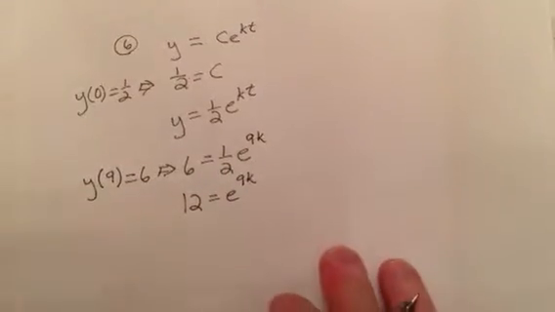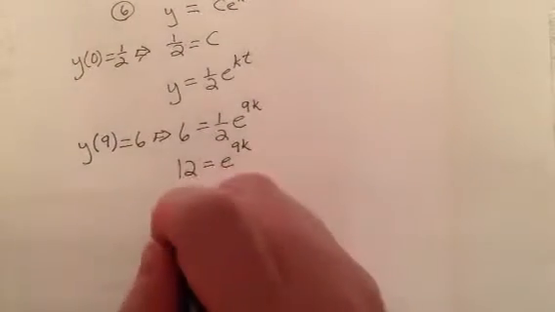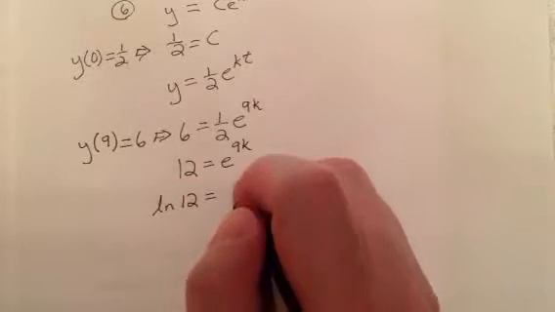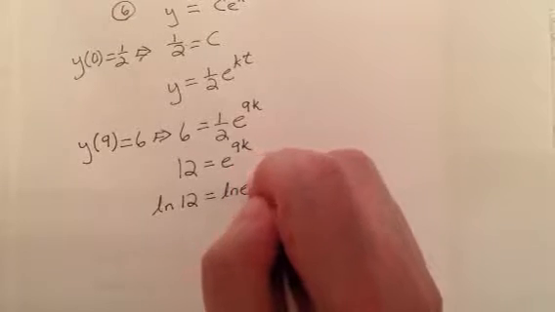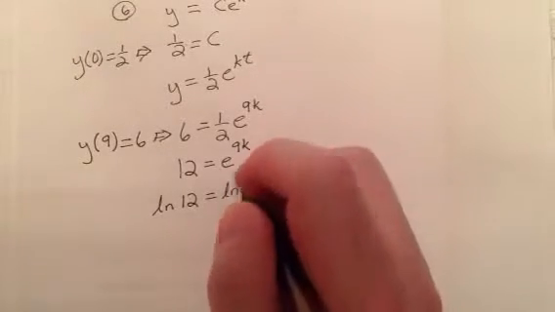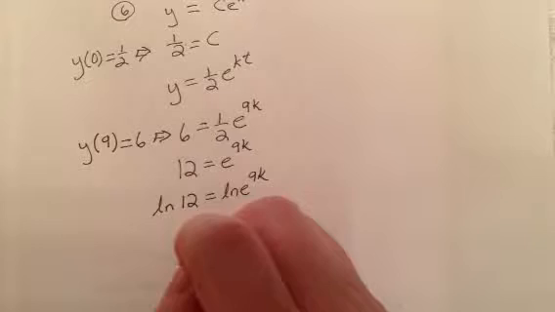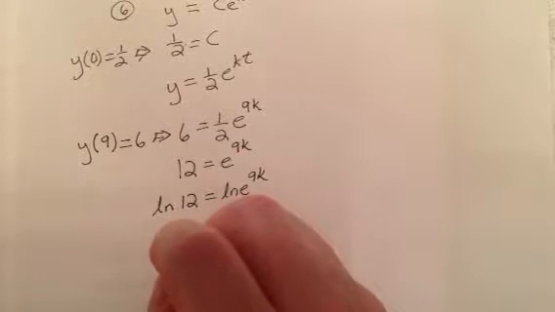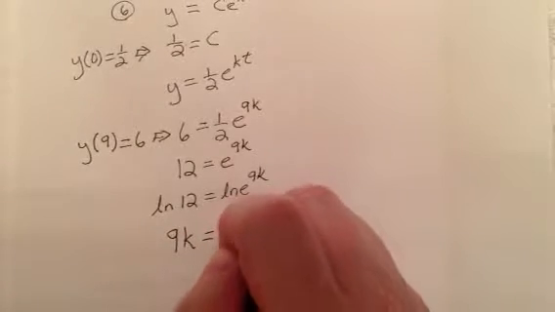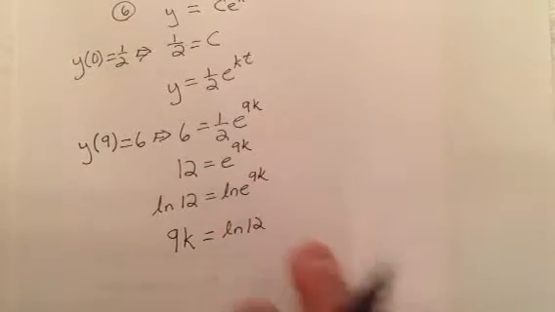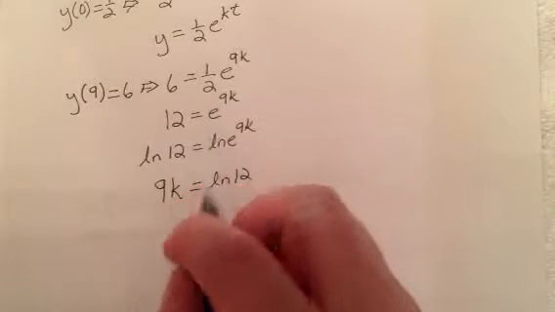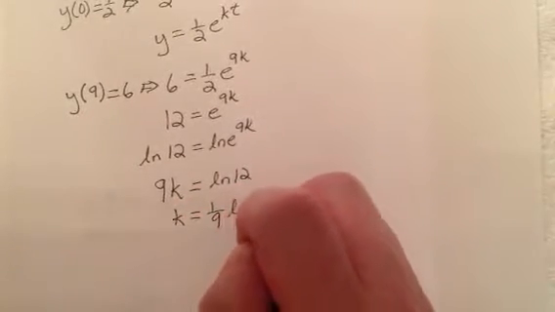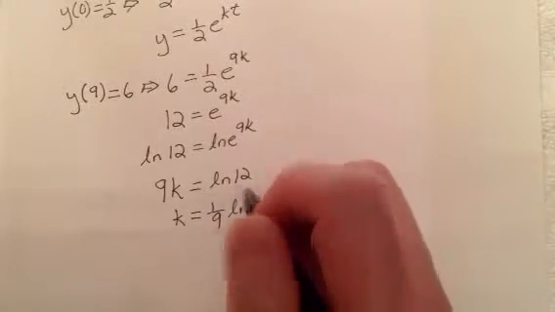Solving for k, we take the natural logarithm of both sides, so 9k is equal to the natural logarithm of 12, and k is equal to 1/9 of the natural logarithm of 12.